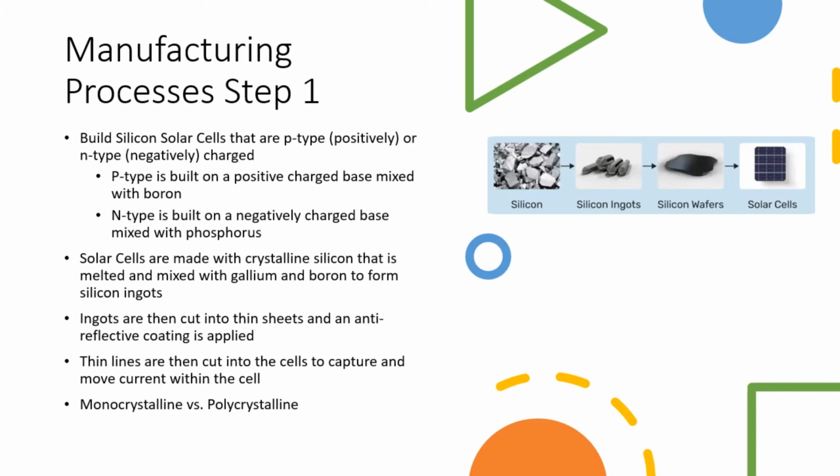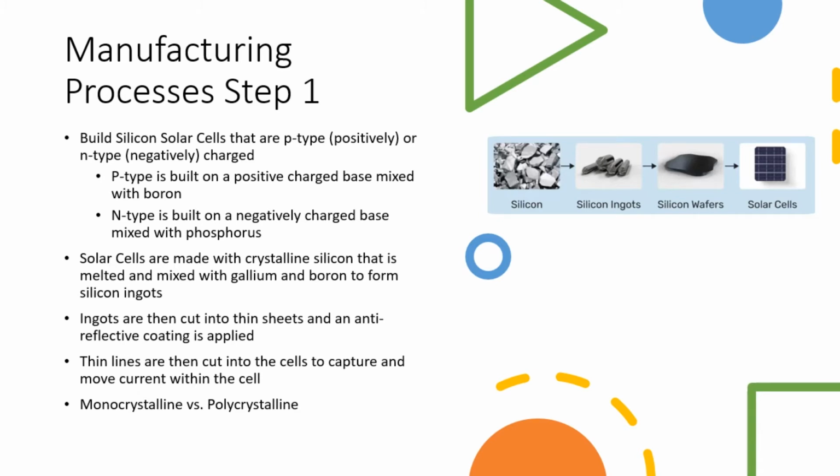The solar cells in the solar panels become semiconductors of electricity due to the photovoltaic effect. And then also, thin lines are cut into the cells to capture and move current within the cell. Without them, they wouldn't be able to move around. And then we'll go over monocrystalline versus polycrystalline.